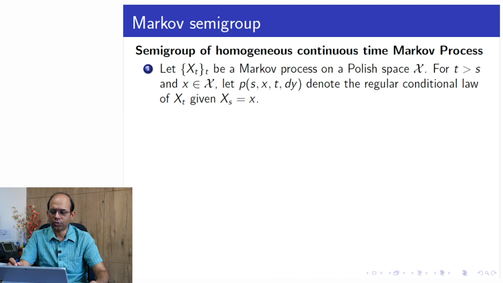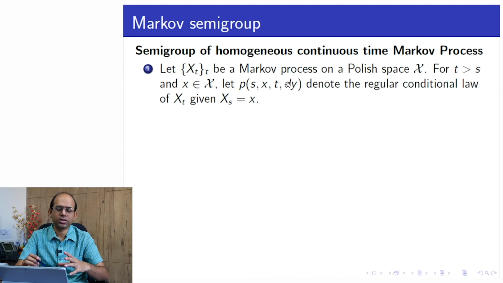So for t more than s and small x in script X, we introduce this notation small p, p(s, x, t, dy). So s and t are like time-like parameters, and x and y are like space-like values. This denotes the regular conditional law of Xt given Xs is equal to small x.